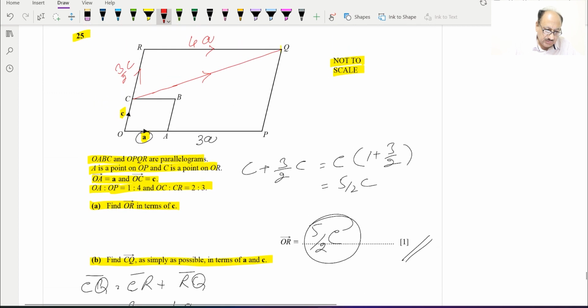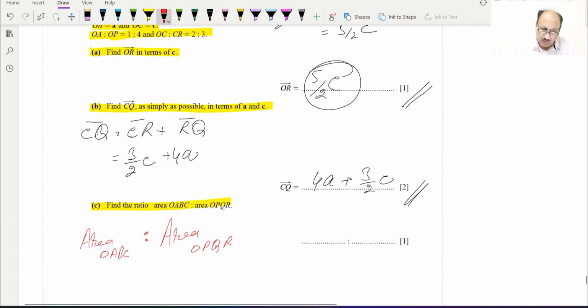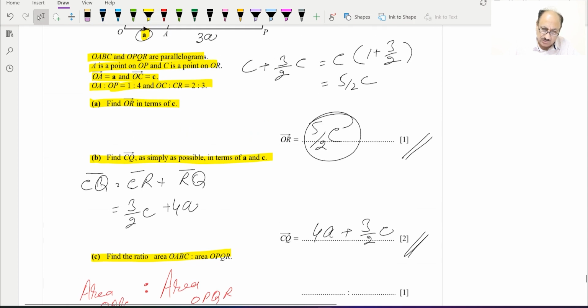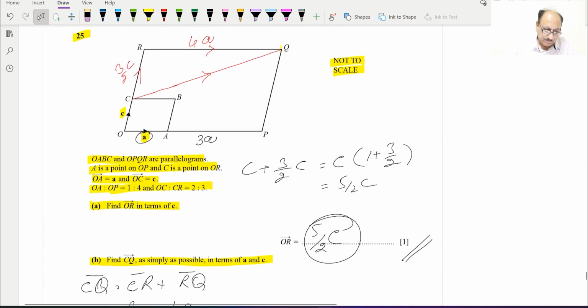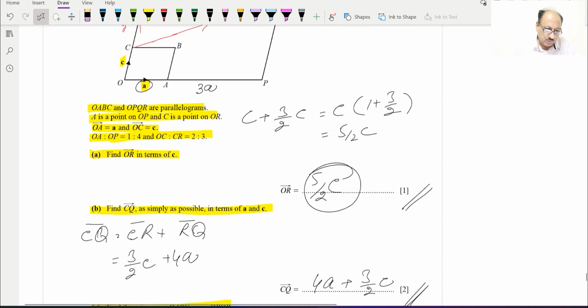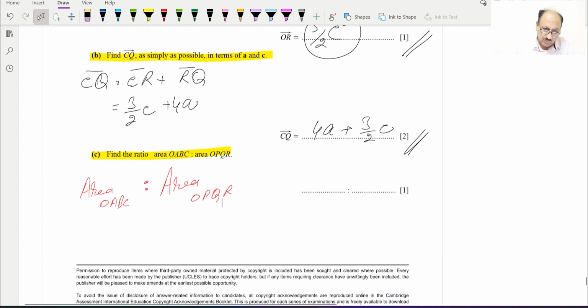And if we check the ratio of AC with RQ, not RQ, this will basically be the ratio of OA with OP. So we can write AC ratio 4A.